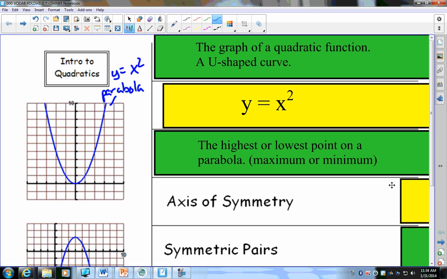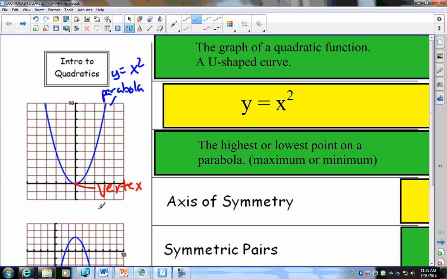Now, when you're looking at this right here, I see that the highest or lowest point is right here. And I want you to put a dot on your graph. This is my vertex. It's at the bottom of this curve.